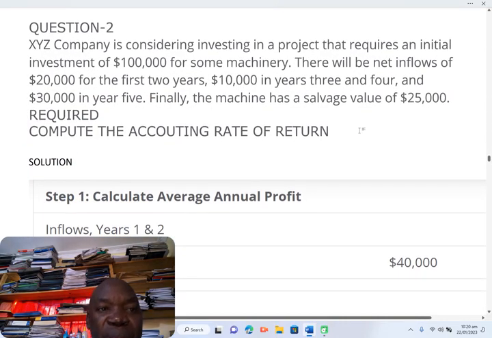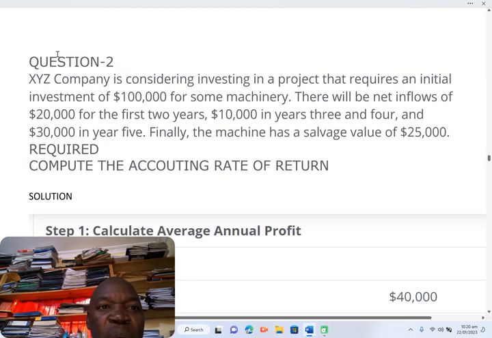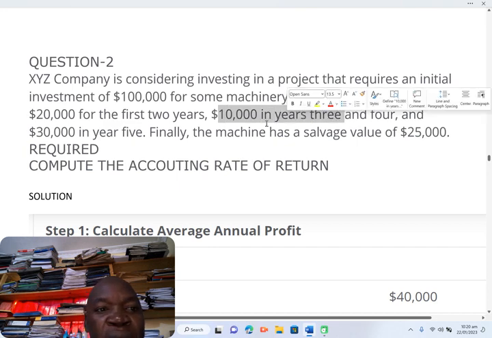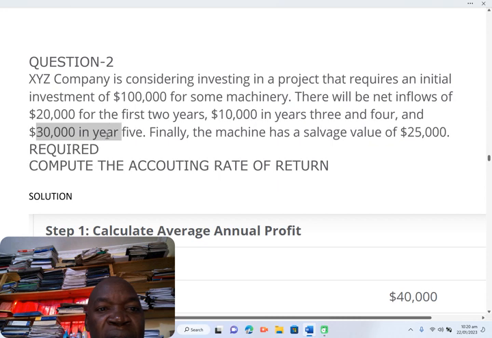Let's see here also. XYZ company is considering investing in a project that requires initial capital of 100 for some machine, and there will be a net flow of 20 in the first 2 years, 10 in years 3 and 4, and 30 in year 5. Finally, the machine has a residual value of this amount.